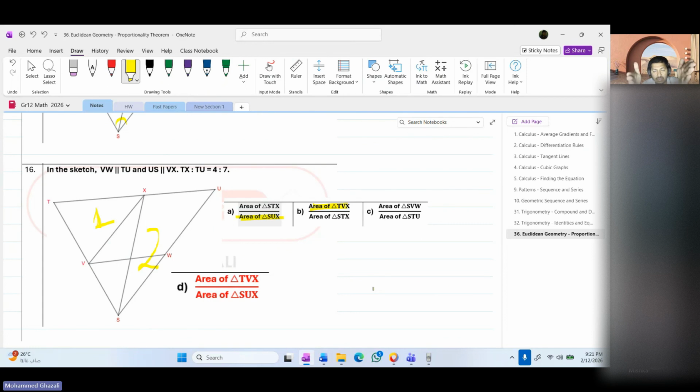So what you can do is take the first two areas and multiply them together, because this one wasn't so bad.